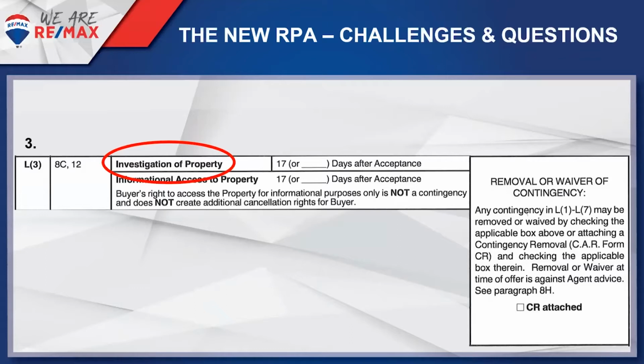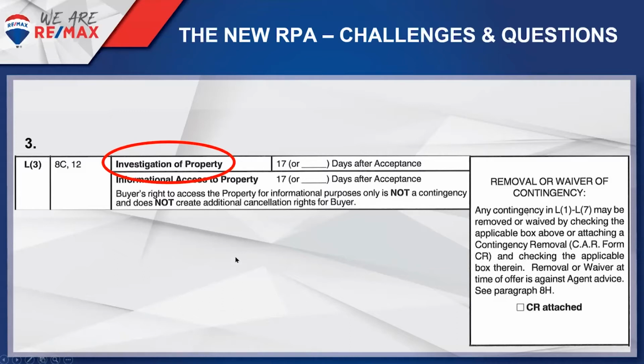Now, what confuses everybody is the CR breaks up the investigation contingency in portions. So you can remove just the physical inspection of your investigation of the property and keep all the other things you're investigating on the CR.